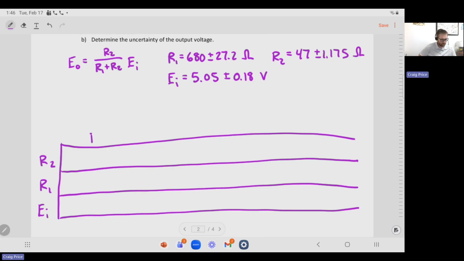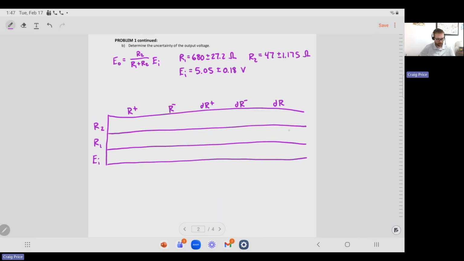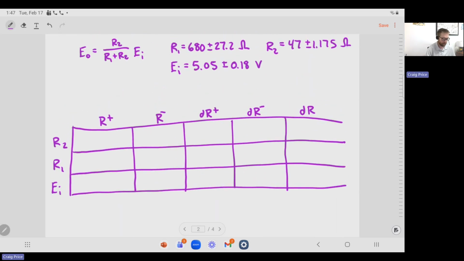And what we're going to find is R plus, R minus, the change that R plus gives, the change that R negative gives, and then lastly, this is really just the average of those two. Sorry, it kind of zooms out on me.